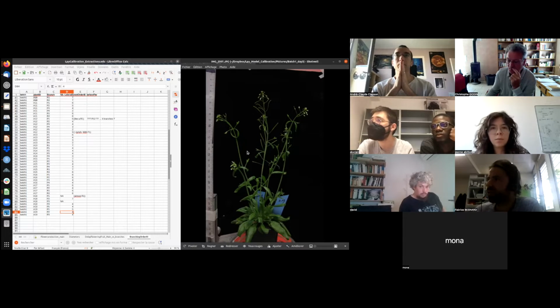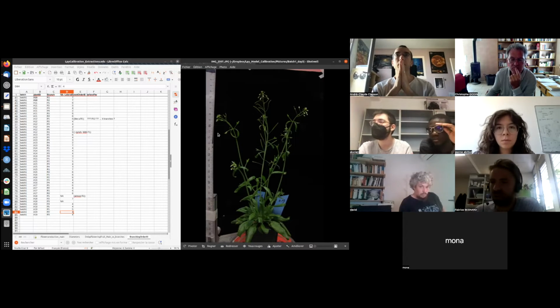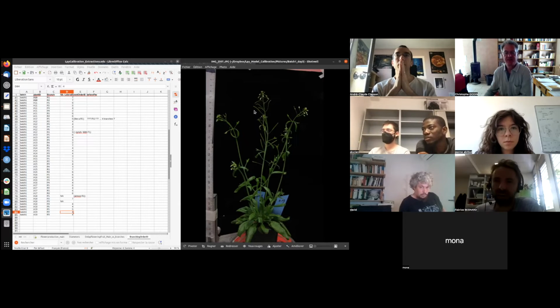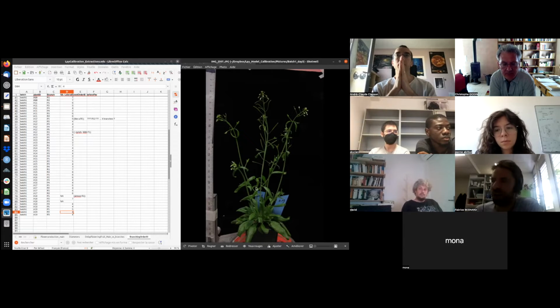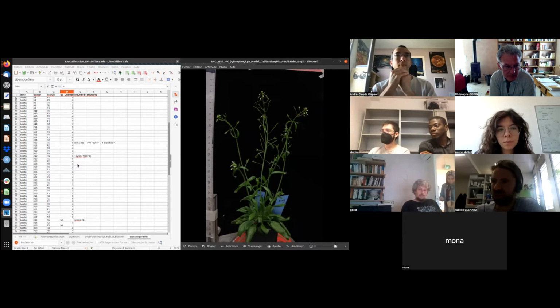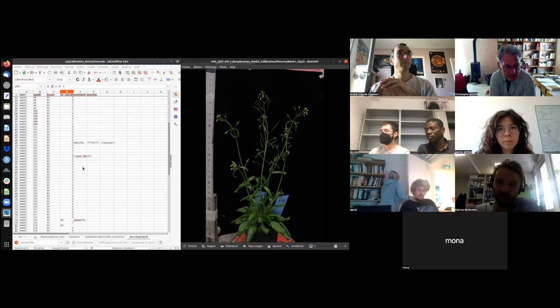We went through all organ definitions, like in the flowers: sepal, petal, stamen, gynoecium, the leaves, the internode. From my data, using either the real pictures and my measurements, we tried to get the real measures.